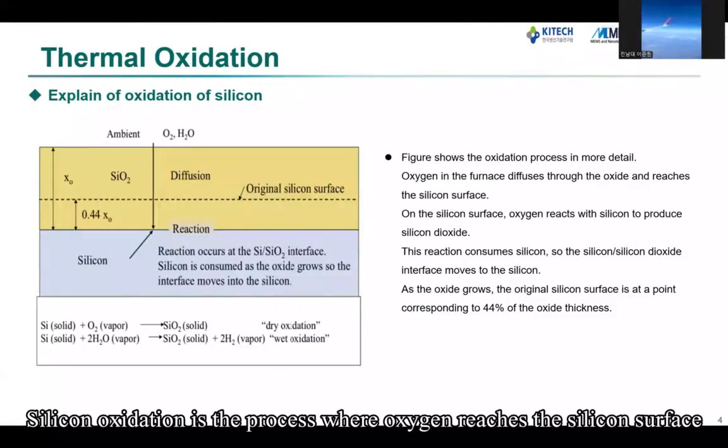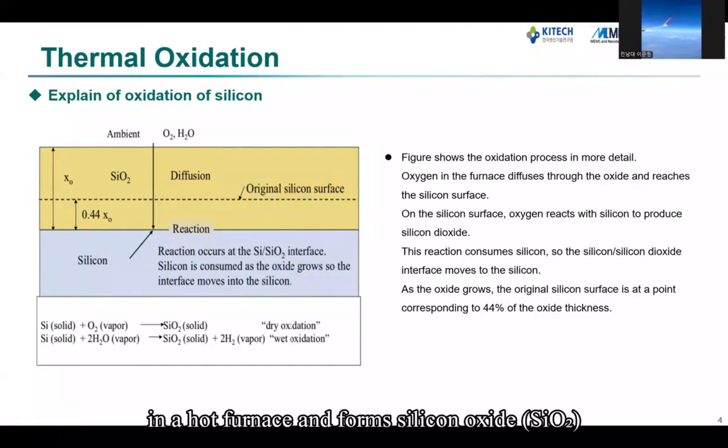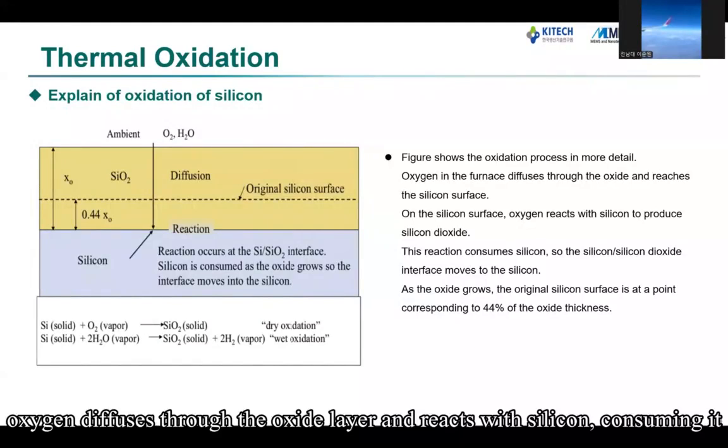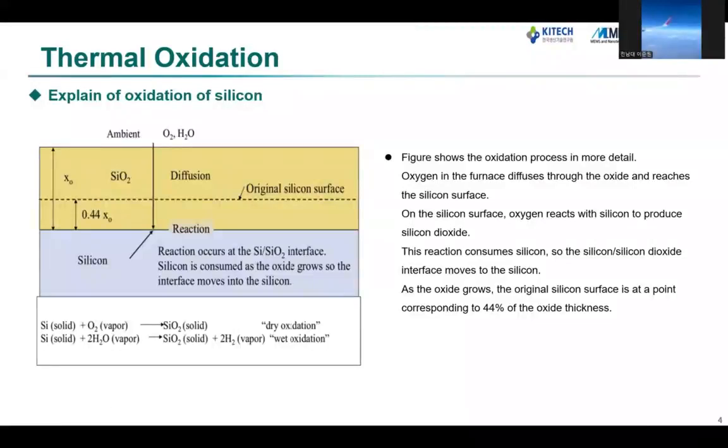Silicon oxidation is the process where oxygen reaches the silicon surface in a hot furnace and forms silicon oxide. During this process, oxygen diffuses through the oxide layer and reacts with silicon, consuming it.